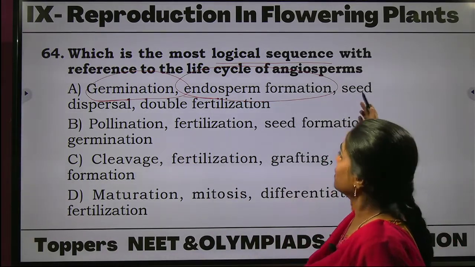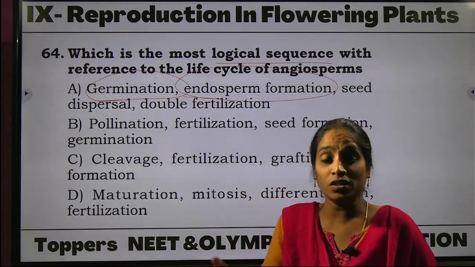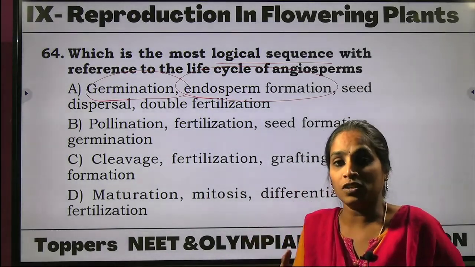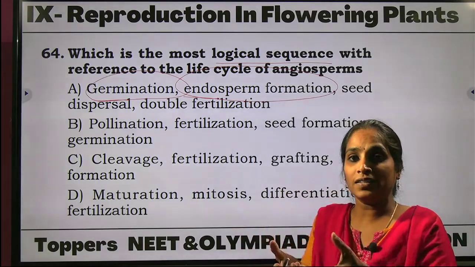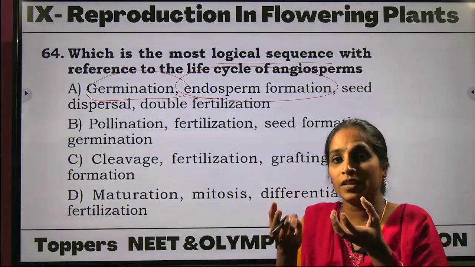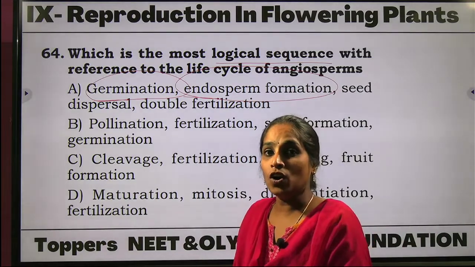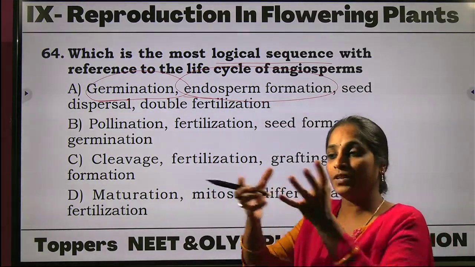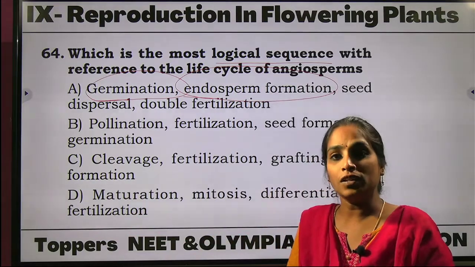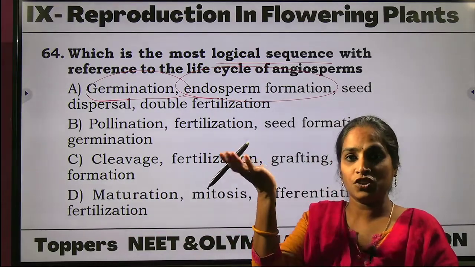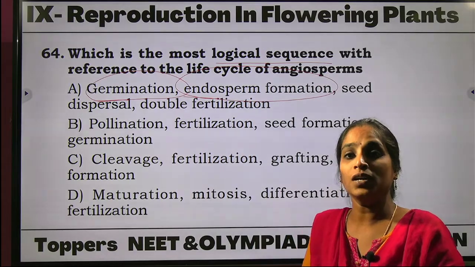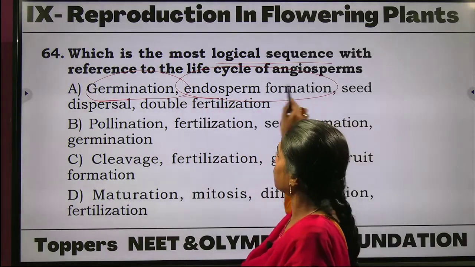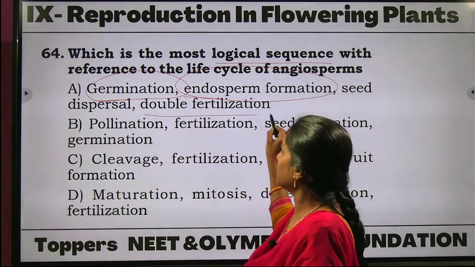And seed dispersal occurs after the fruit opens and the seed comes outside, carried by human beings, birds, wind or other agents. The seeds disperse to other places, and there we can observe the germination of a seed into a young plant. So there is no connection between these processes and double fertilization.